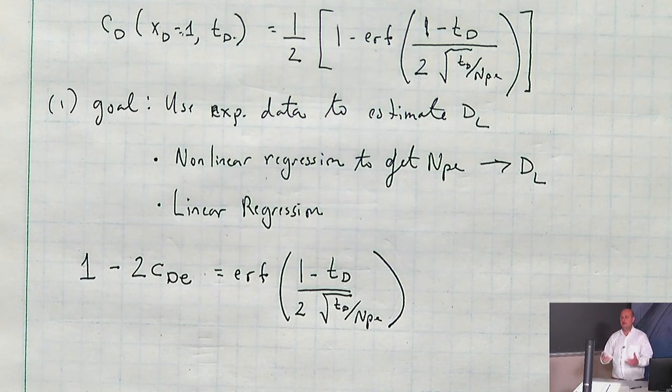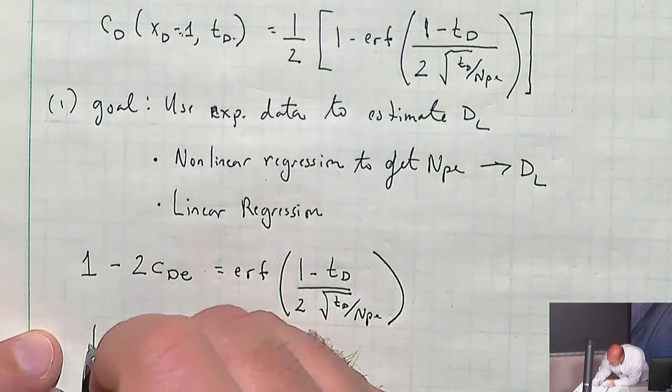If we take the inverse function of something, then it's like the opposite of it, right? So if you have the sine of x and you take the inverse sine, then it gets rid of that. So we can take the inverse function.